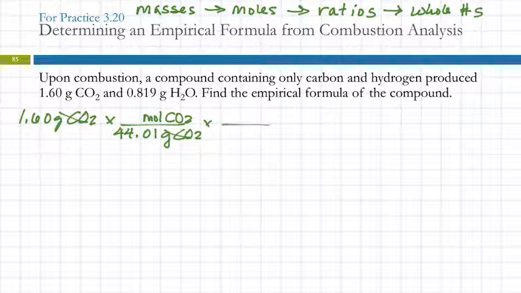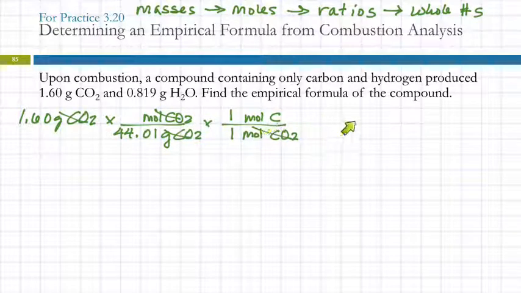I can find moles of carbon just by looking at the chemical formula. CO2, there's 1 C. So there's 1 mole of carbon for every 1 mole of CO2. Now I could convert the moles of carbon into grams of carbon.